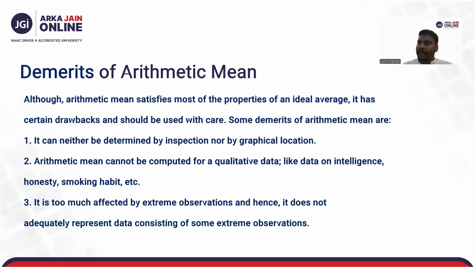For quantitative data you can easily find it, but for qualitative data, like intelligence, honesty, or smoking habit, you are unable to find the mean value.